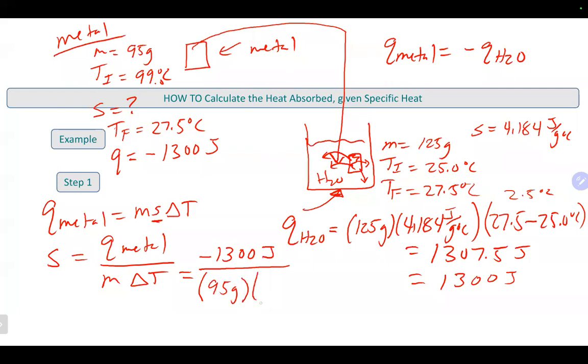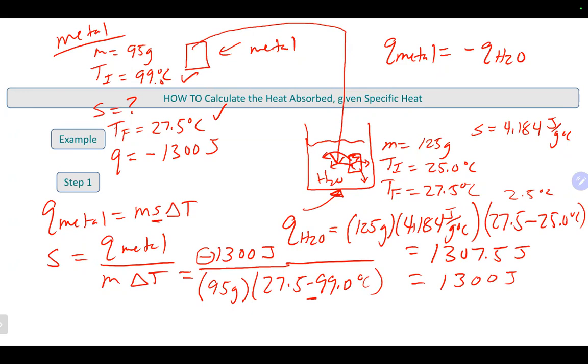And now our final temperature of the metal is actually less than our initial. So that's going to give us a negative as well, which is good. Because the negative we get here will cancel out the negative that we get there, and we will end up with a positive value for the specific heat capacity, which is what you want.